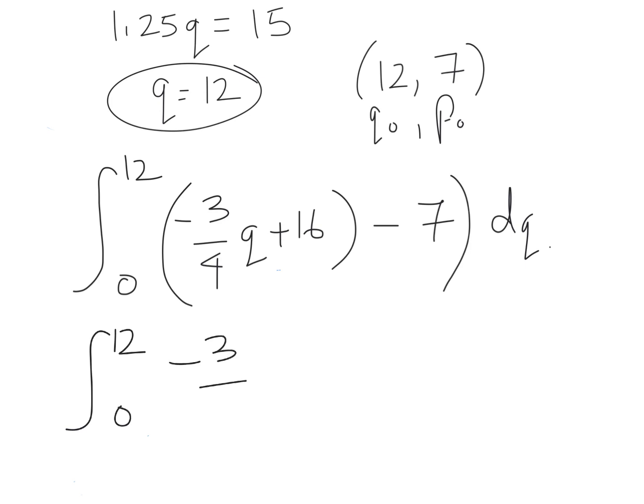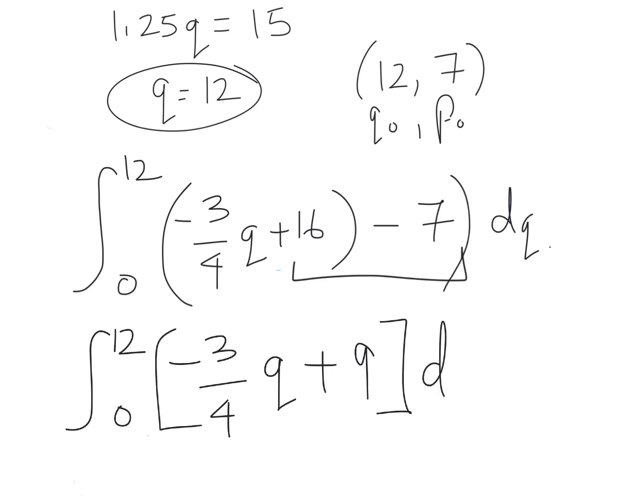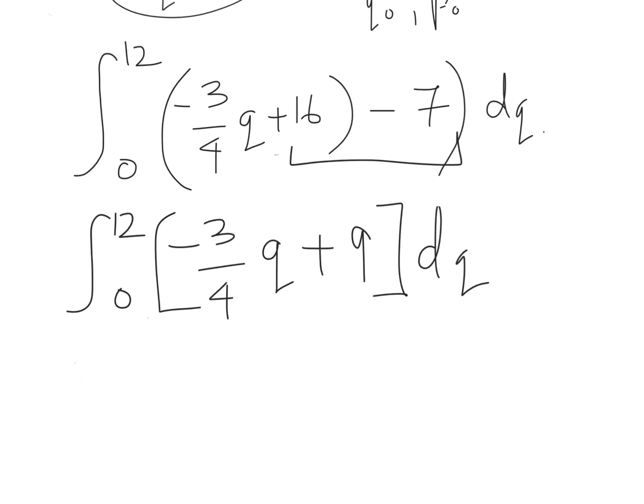So at this point, I'm able to simplify. 16 minus 7 here, so that's going to be 9. Is it 9? I still haven't done any integrating. I've literally just substituted and simplified.